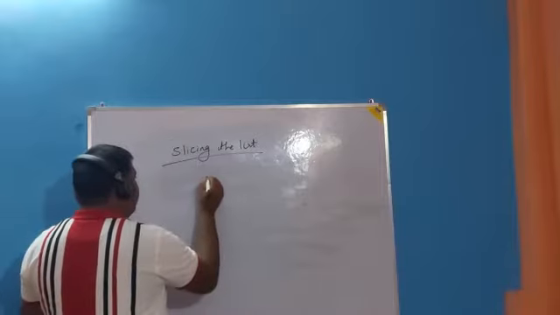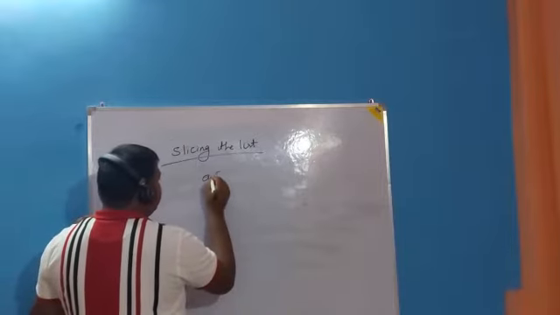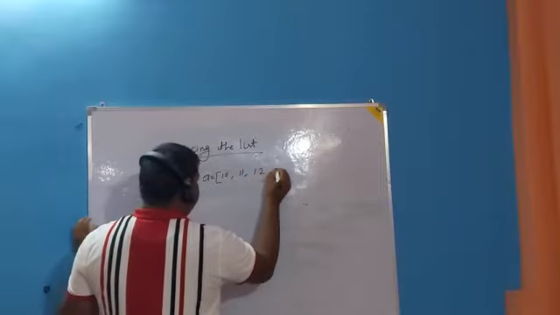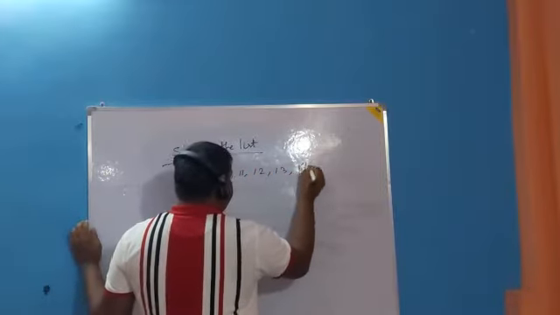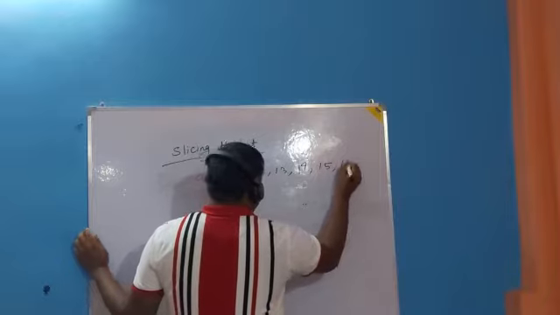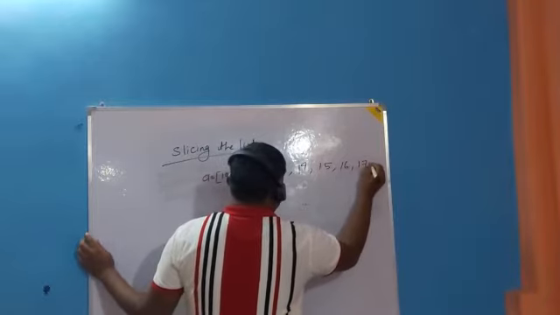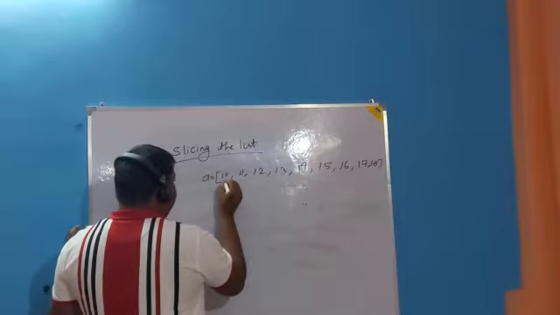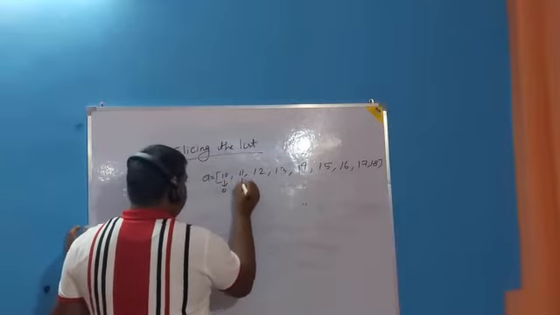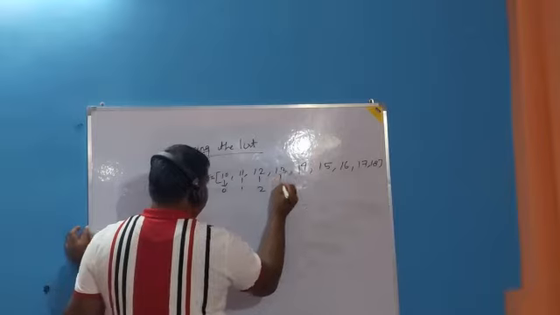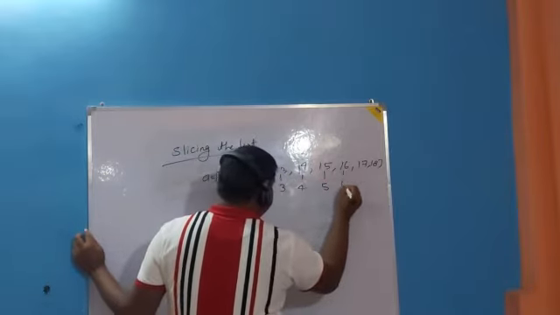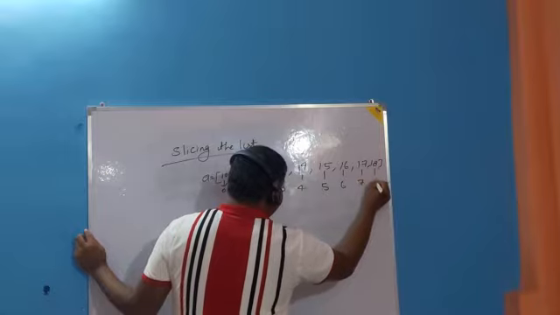If you have a list A is equal to 10, 11, 12, 13, 14, 15, 16, 17, 18, the indexing will be 0, 1, 2, 3, 4, 5, 6, 7, 8.